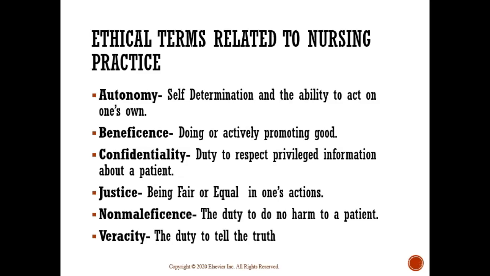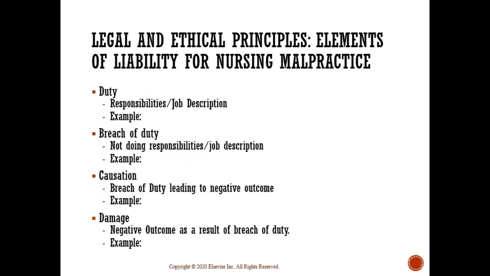Next, we're going to talk about the legal and ethical principles: the elements of liability for nursing malpractice. What are the things necessary to call something a malpractice? Number one, duty.